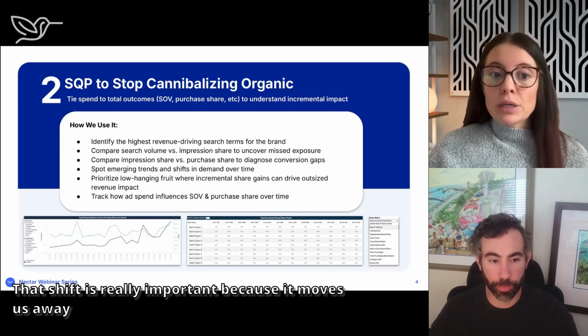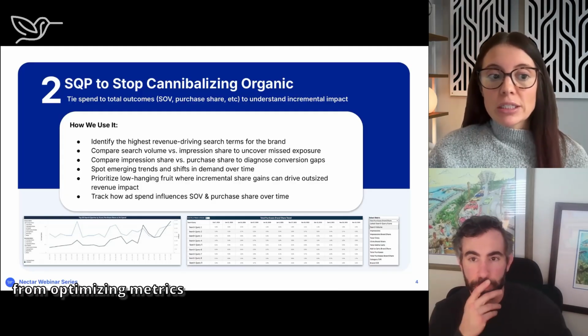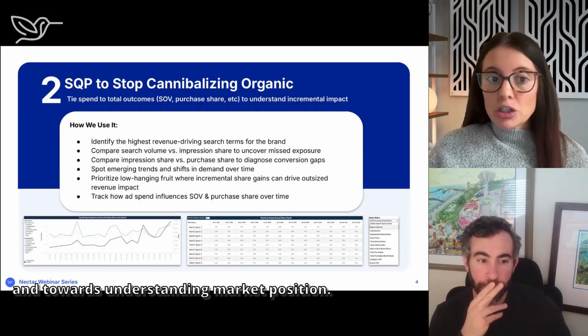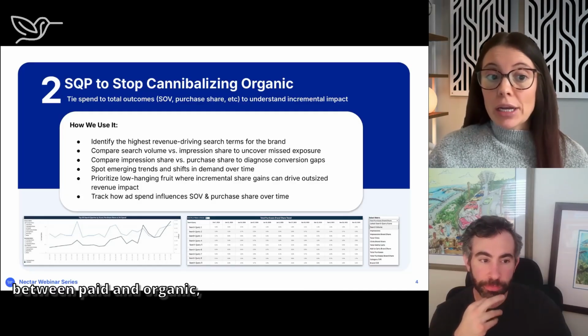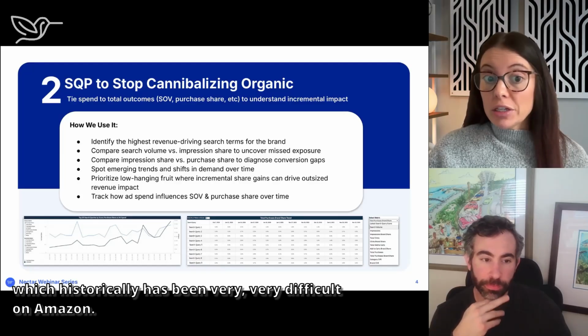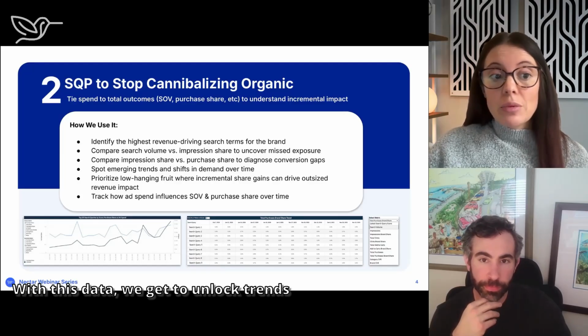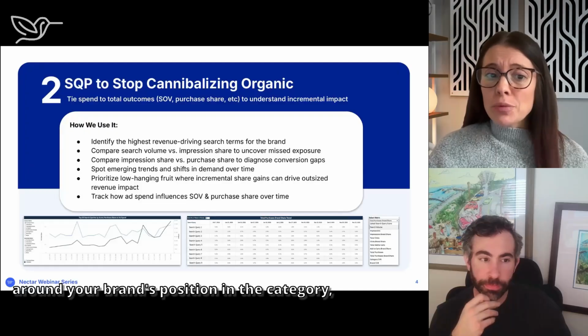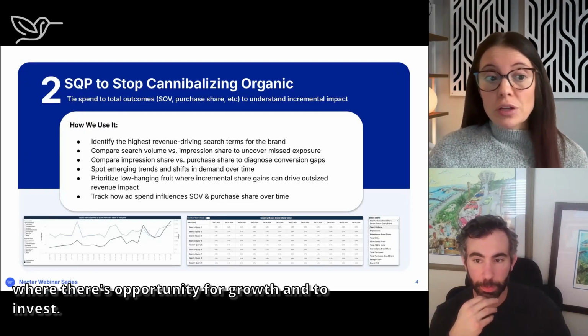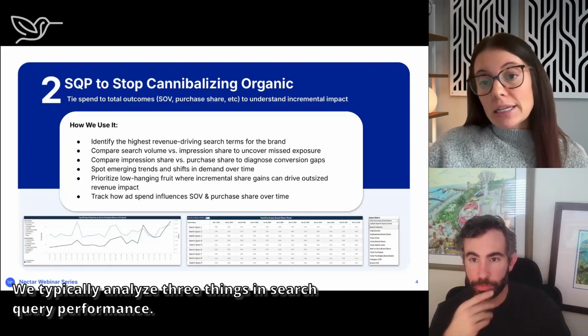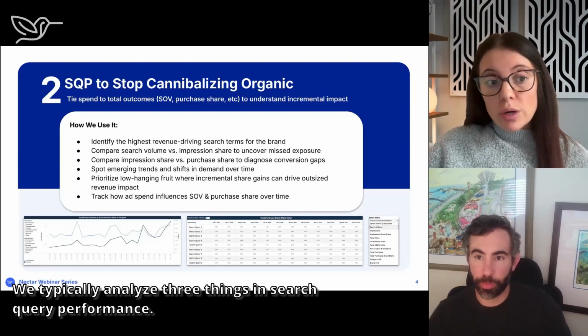That shift is really important because it moves us away from optimizing metrics and towards understanding market position. We're also able to really tie together the relationship between paid and organic, which historically has been very, very difficult on Amazon. With this data, we get to unlock trends around your brand's position in the category, where your brand's winning, and where there's opportunity for growth and to invest. We typically analyze 3 things in search query performance.